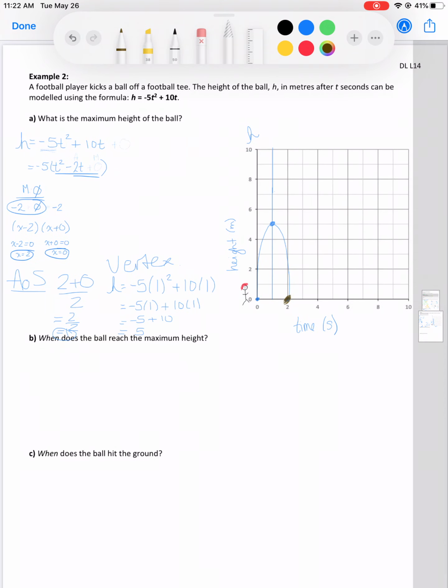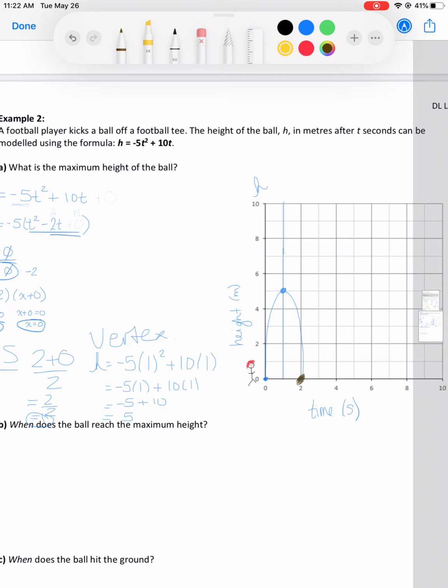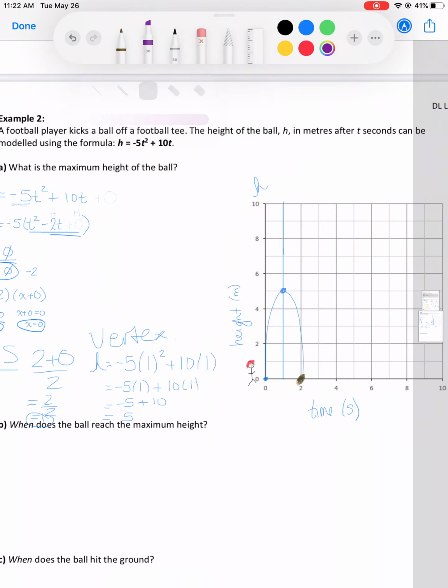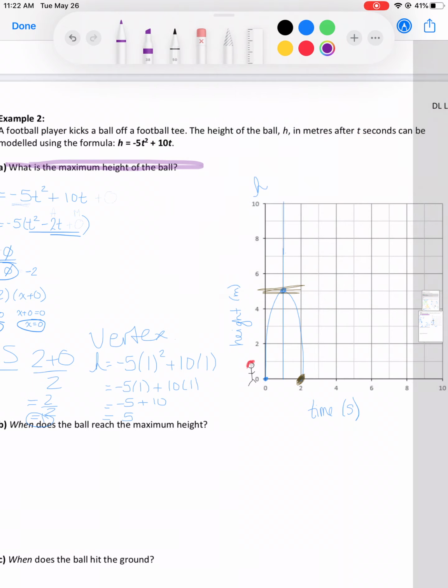Okay? So, what is the maximum height of the ball? Well, we figured that out. Maximum height of the ball, well, we know it reached this point right here. So it's 5 meters. Make sure you use your units.